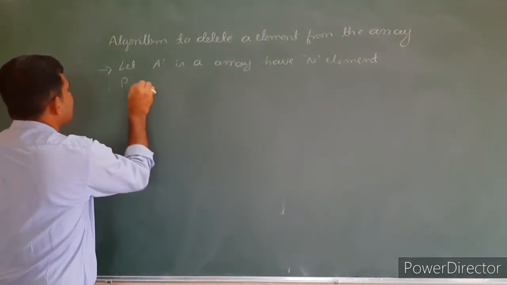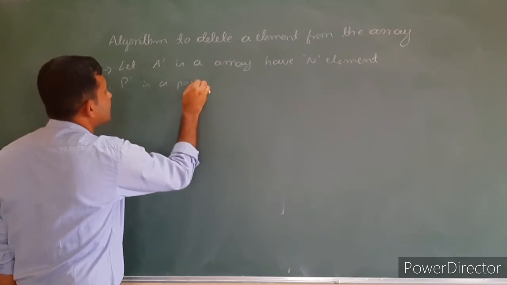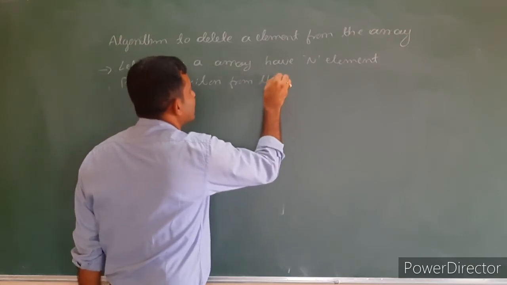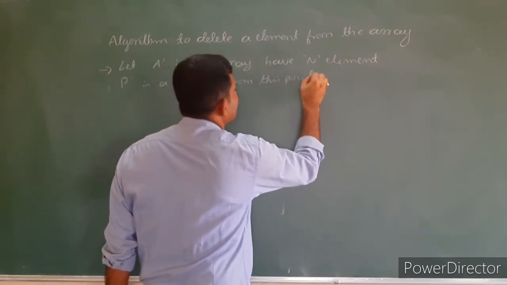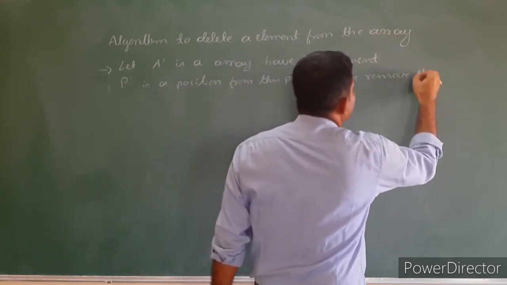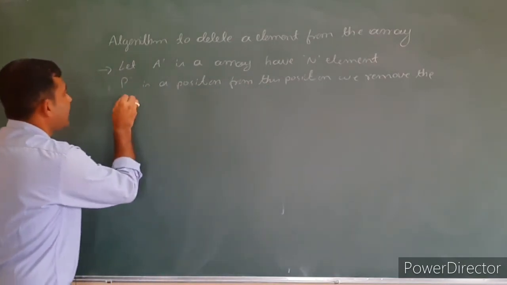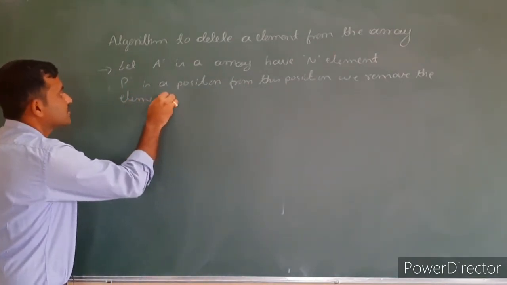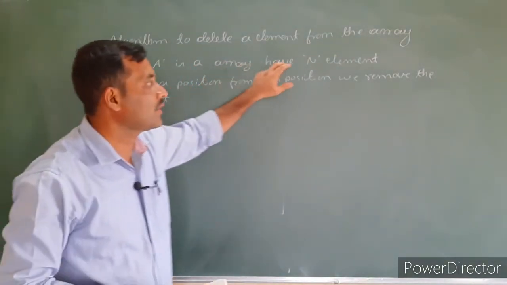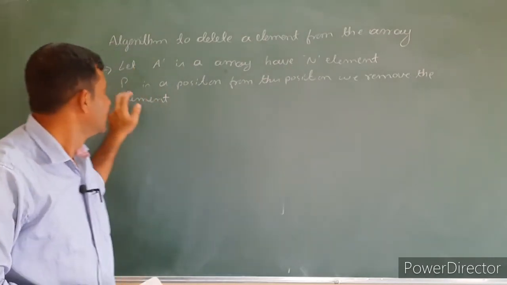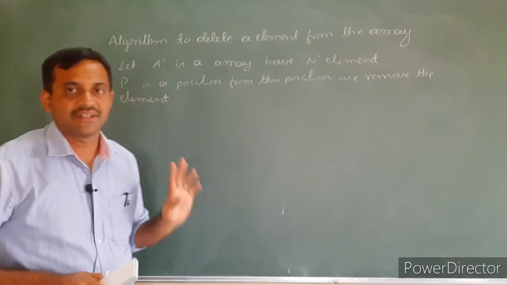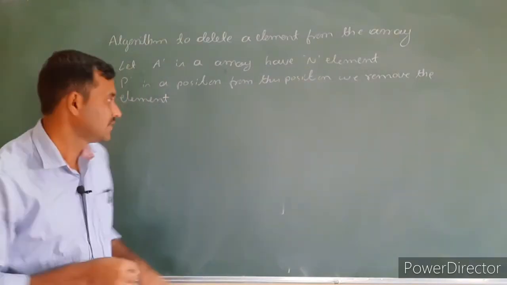P is a position. From this position we remove the element. This is the preparation. Let A be an array with n number of elements, where P is a position. From this position we remove the element, hence the element is ELE.